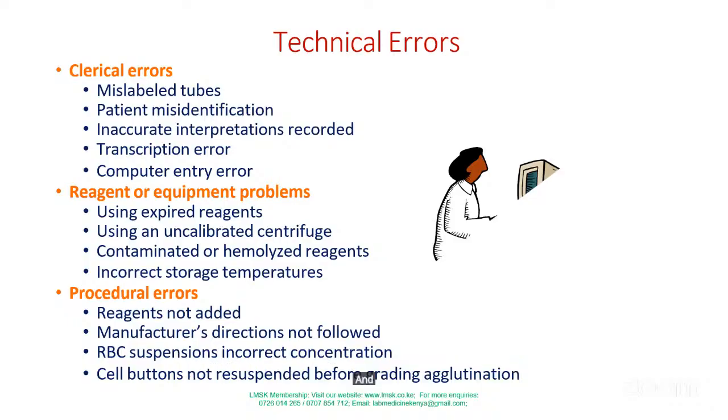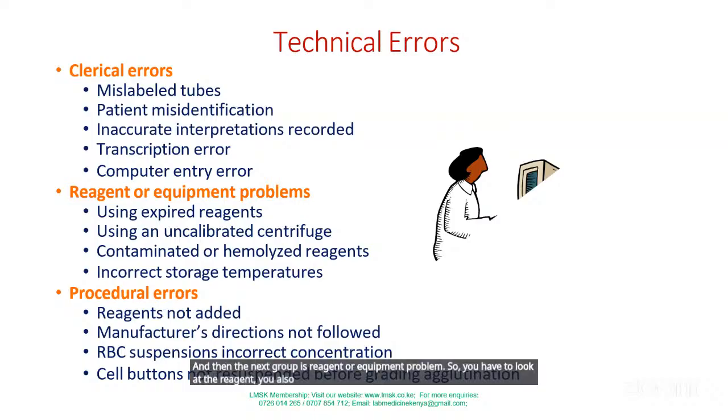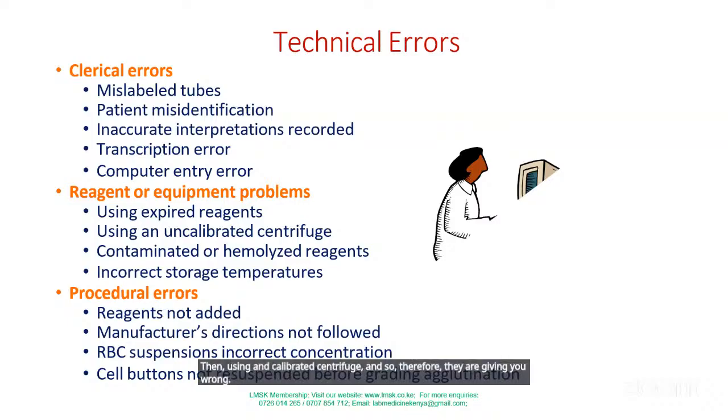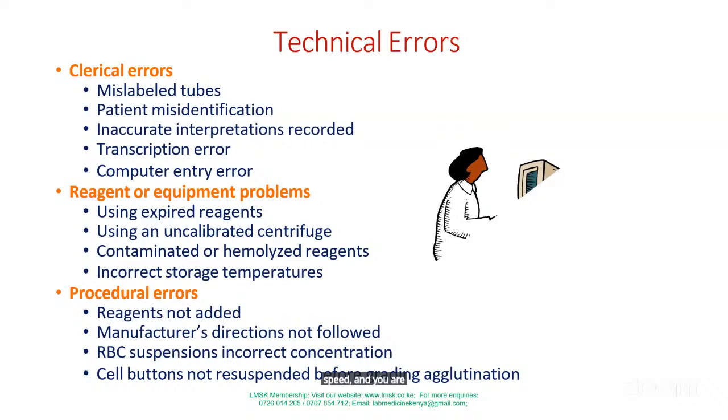And then the next group is reagent or equipment problem. So you have to look at the reagent. You also have to look at your equipment if you are using automated platforms. So it could be you are using expired reagent and maybe they have lost potency and they're not giving you any agglutination. And then using uncalibrated centrifuge, and so therefore they are giving you wrong speed and you are observing a false agglutination.